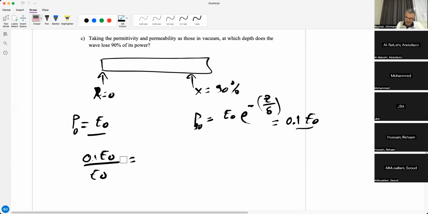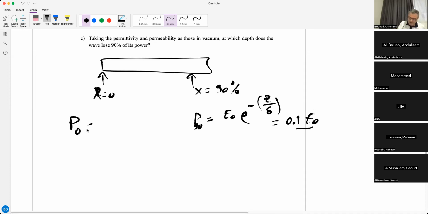So you have P0 equal to E0, and after X distance, you will find 0.1 E0, right?